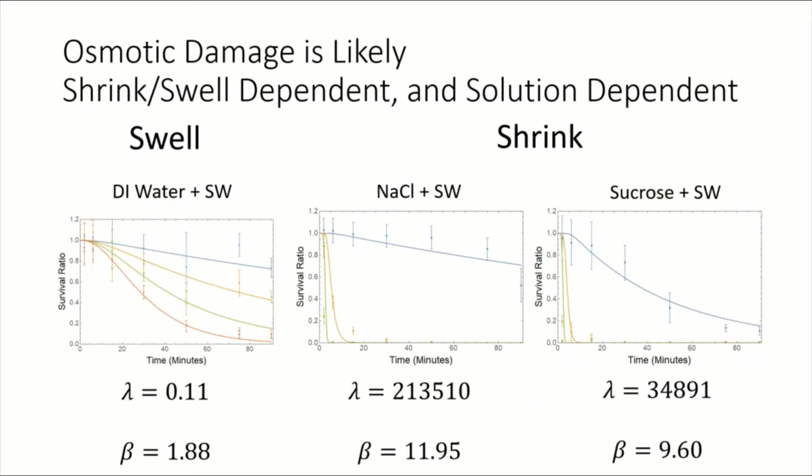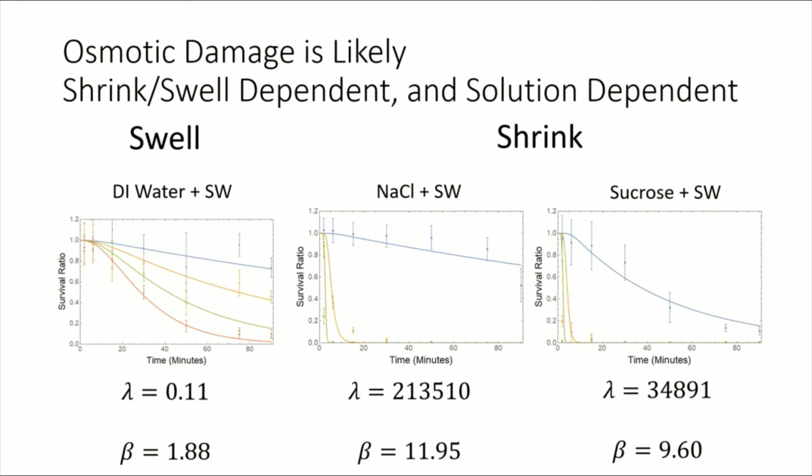Taking everything into account, it is evident that swelling damage works differently than shrinking damage, as shown by drastic differences in fitted constants. Note that beta is a power constant, meaning that relatively small changes to beta can result in very different behaviors. Furthermore, the difference in fits of hypertonic solutions indicates osmotic damage is also solution dependent.